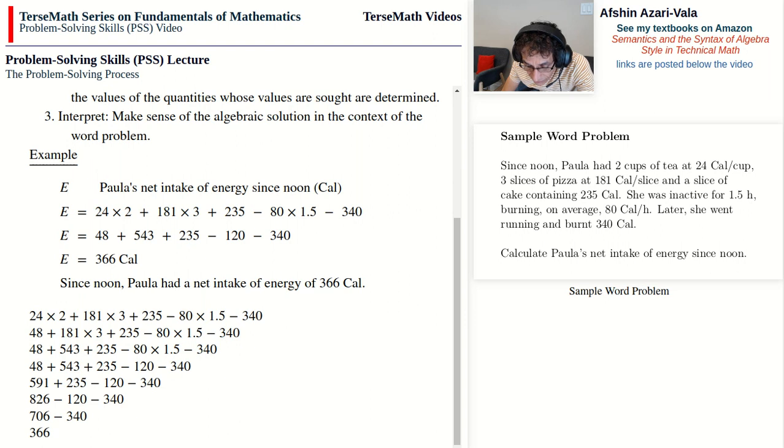Okay, so if I may just take a bit of time to put the terms back down. Now we are done with the stage where we model the word problem.